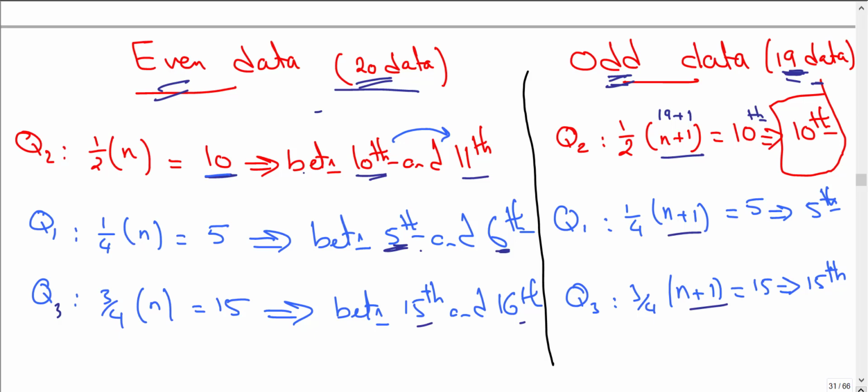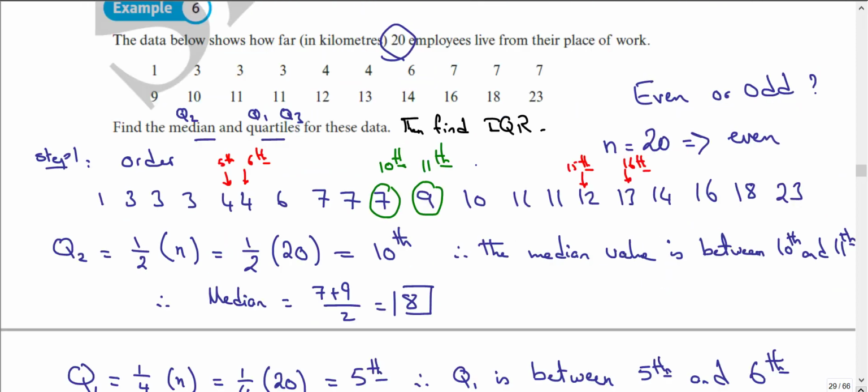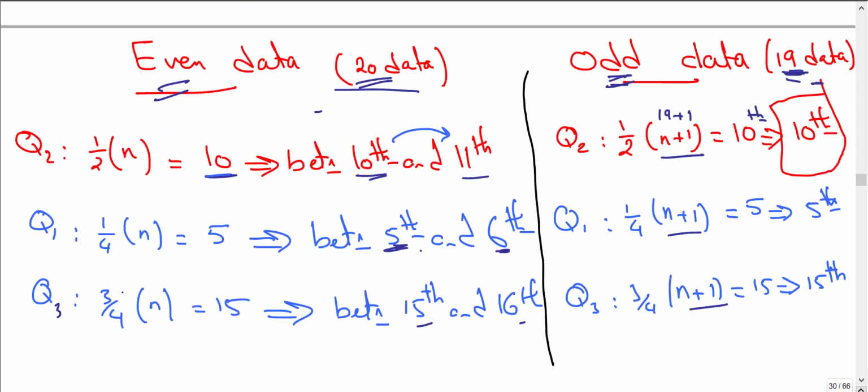Do I say it's between the 10th and 11th? No, it is the 10th. You go to the 10th value, check number 10, and say this is the median. You don't do this step. This is in the case of odd data, remember, odd.